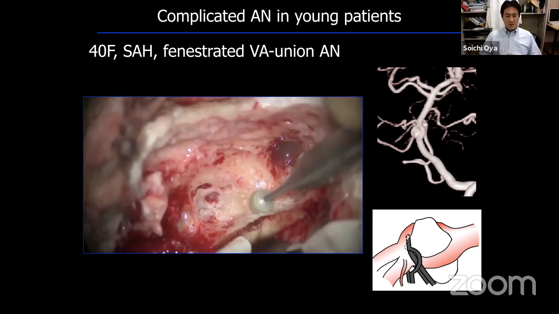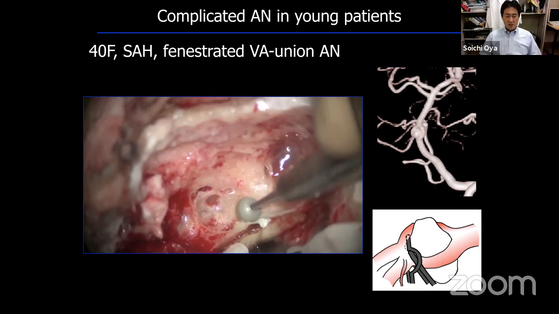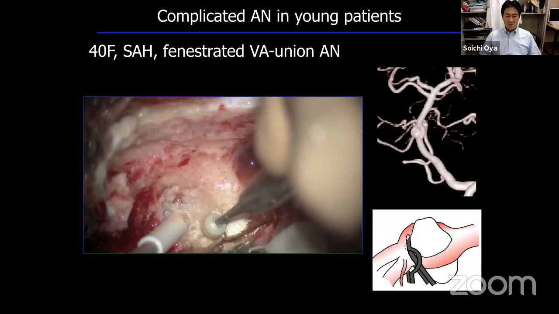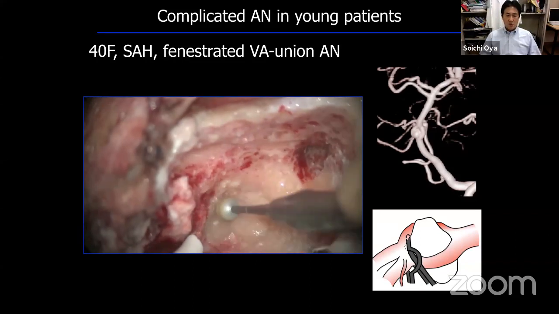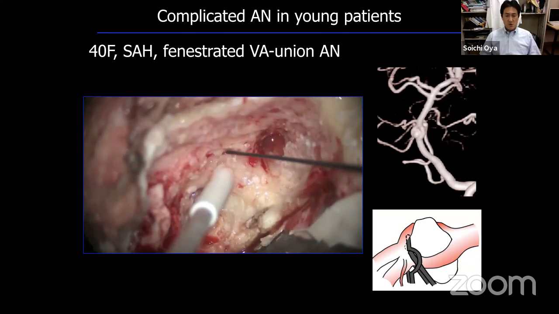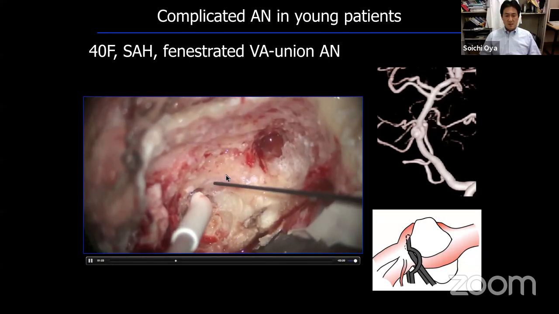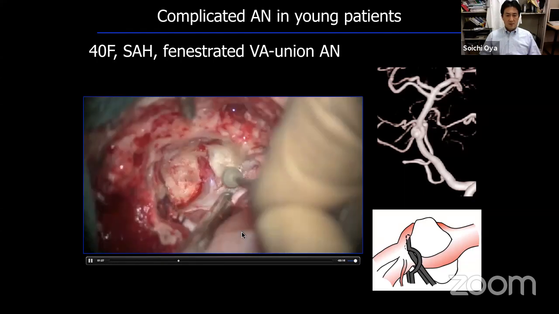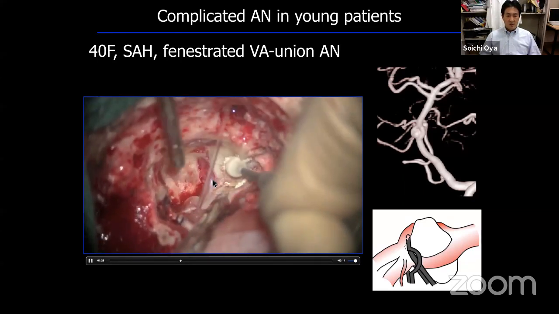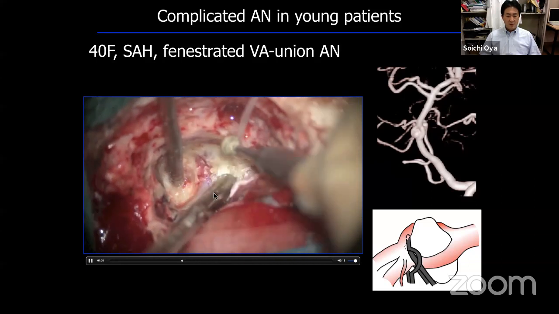So in case you have massive bleeding while you're dissecting the aneurysm, you have to drill these parts. And this is the facial nerve. And also I opened the internal auditory canal here.